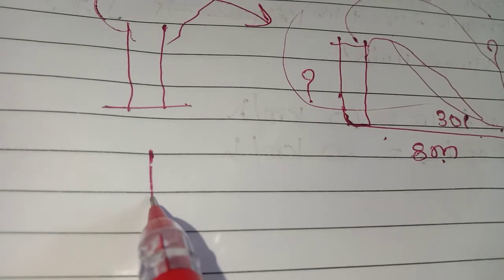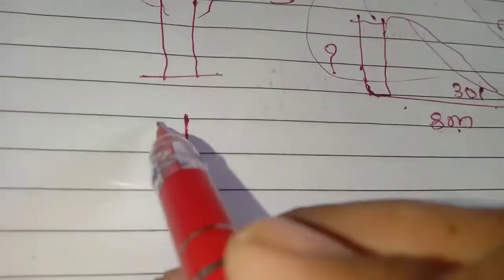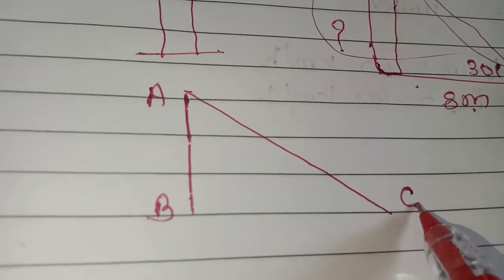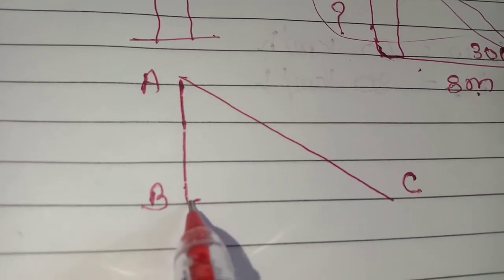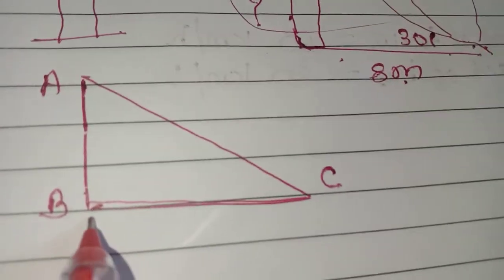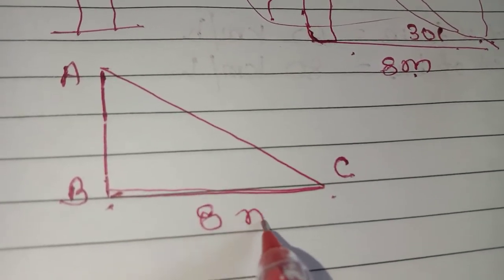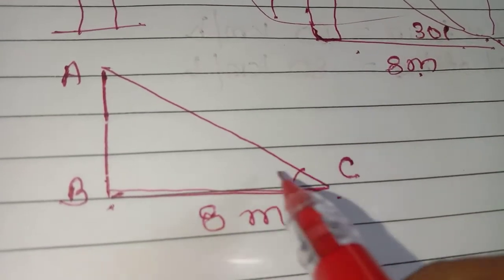So let's sketch it in terms of a ray diagram. Suppose AB is the unbroken part of the tree and AC is the broken part, and the distance between B and C, that is from the foot of the tree to where the broken part touches, is 8 meter, having an angle of 30 degree.